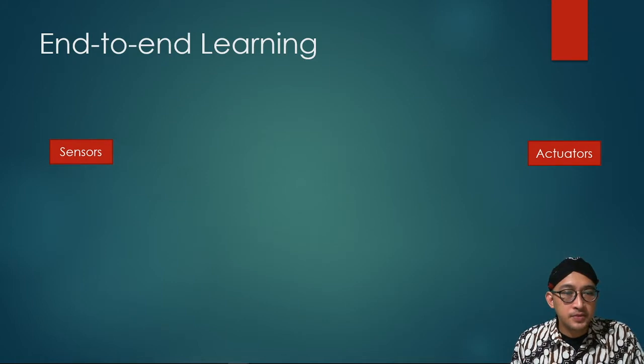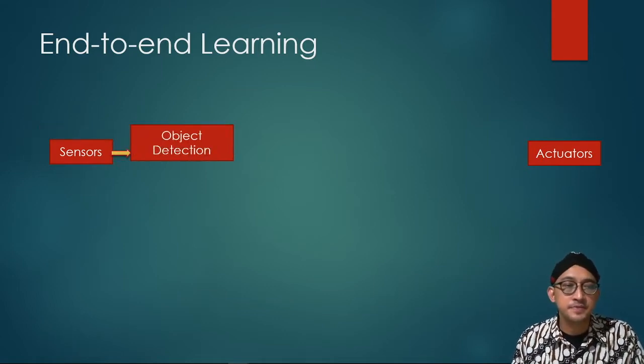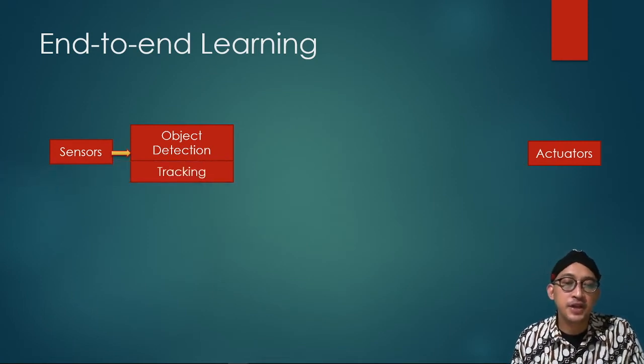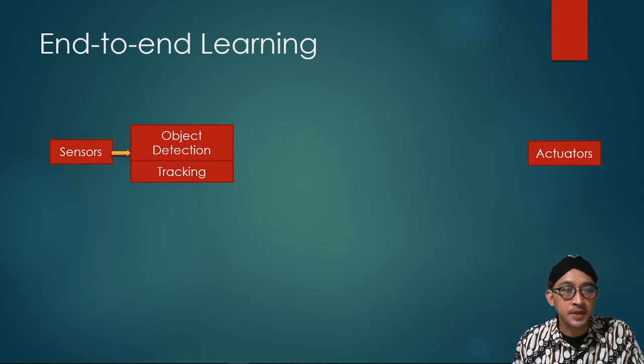To make this robot achieve some level of autonomy, we usually develop an object detection mechanism. Usually it works with those sensors. Using camera, for example, we might develop some clever image processing so that the robot might be able to detect, recognize, or even track moving objects.